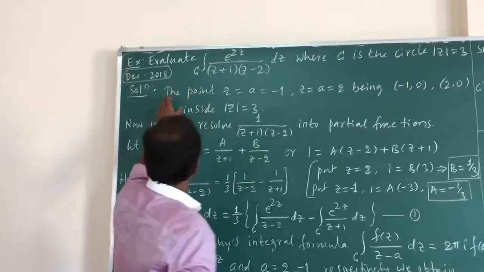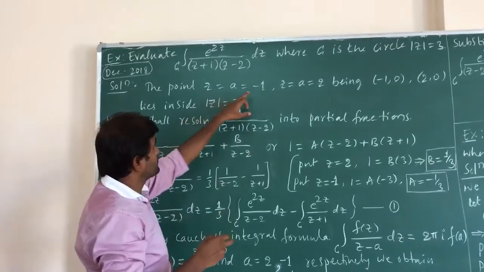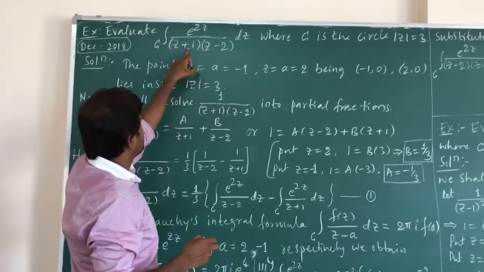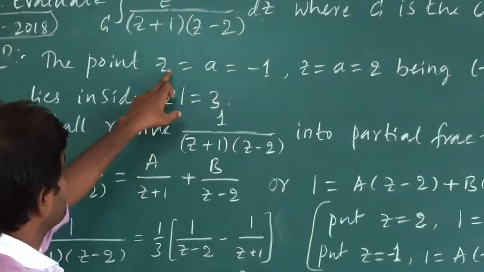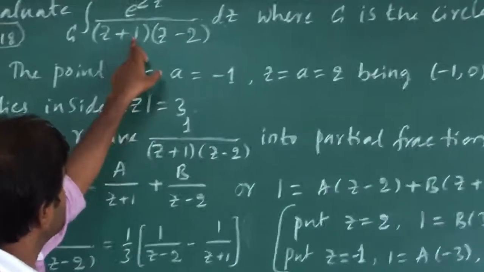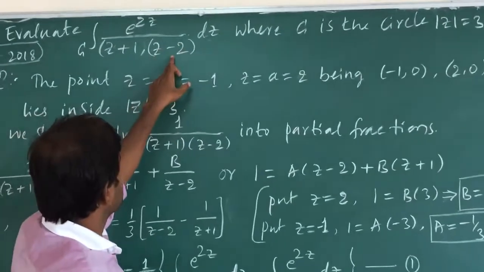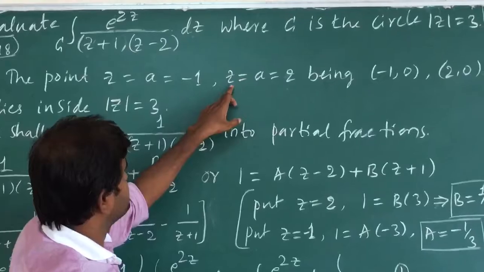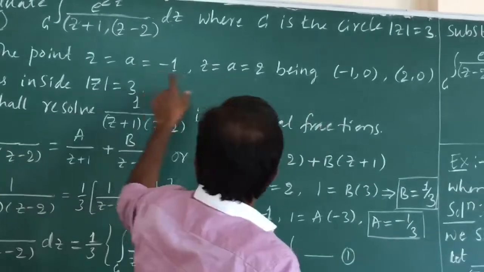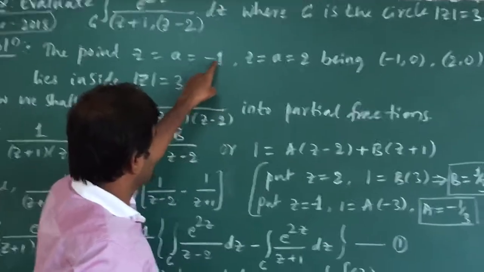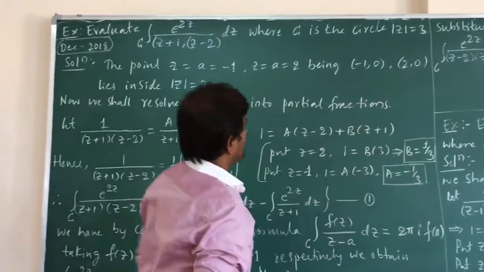So if you compare the points, z minus a: here we have plus 1, so a is minus 1, since we take the opposite sign. If we have minus 2, then plus 2. So these two points are minus 1, 0 and 2, 0.